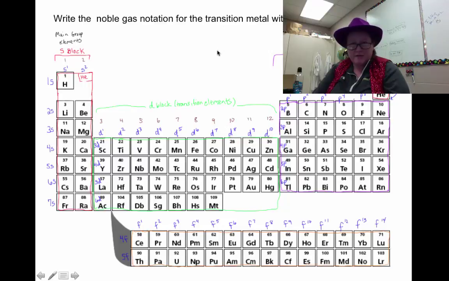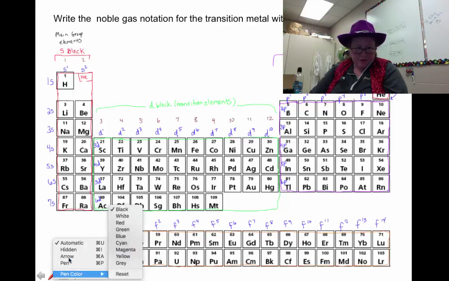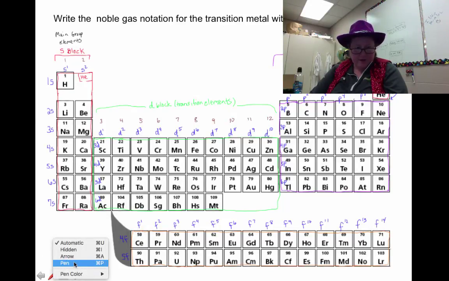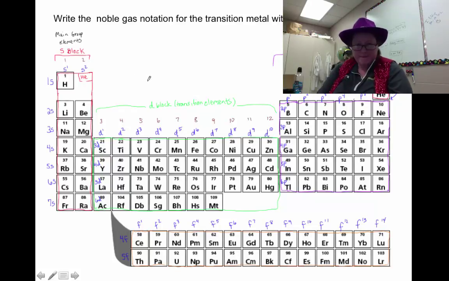Write the noble gas notation for the transition metal with the smallest atomic mass. Okay, the D block are my transition elements or transition metals. Which one is going to have the smallest mass? Well, this one has the smallest atomic number, and I cannot see from here.